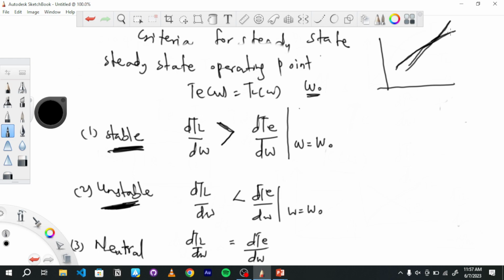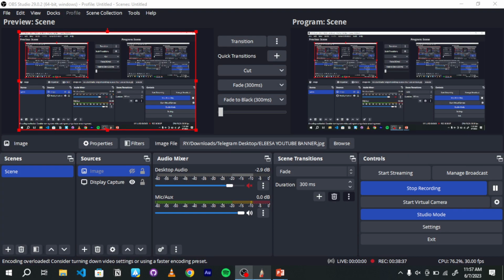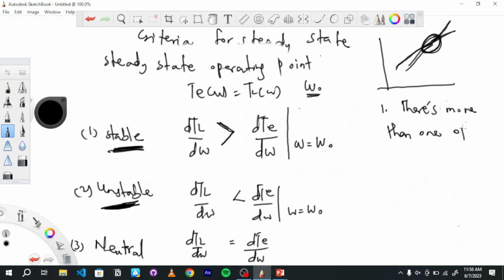So note that in neutral stability, there is more than one operating point. You can see that the gradients will be equal because they overlap.